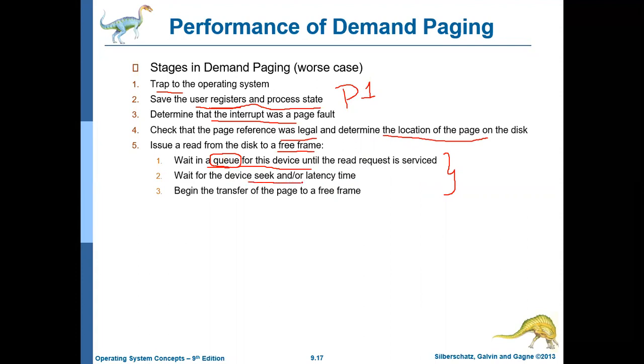That also requires seek time or latency. Then identify that particular page and move it to a free frame in the main memory. You should also identify a free frame. Only when a free frame is available can this page be moved from the hard disk to the main memory.